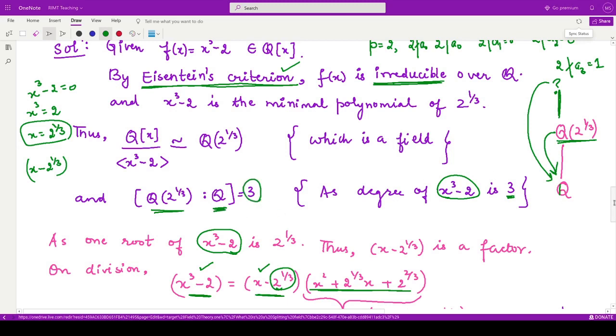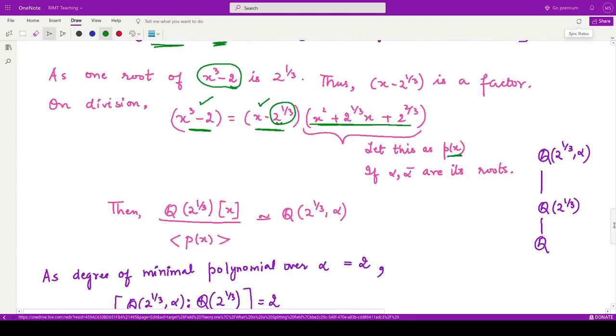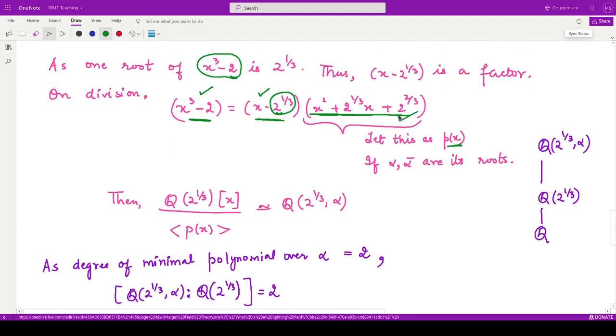So this is one thing. Next we have this polynomial, so let us find its roots. Now it is not so easy to find the roots of this polynomial, so we assume that alpha is one root and alpha bar is another root.